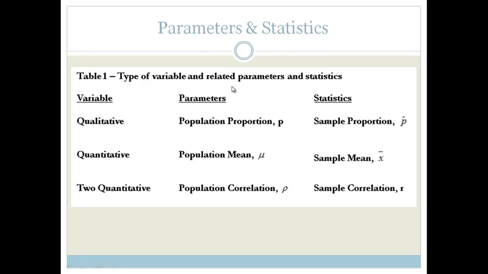We'd like to estimate them. Statistics we compute from samples in order to estimate those population parameters. So the sample proportion p hat is an estimate of p, the population proportion. X bar, the sample mean, is an estimate of the population mean mu. The sample correlation r is an estimate of the population correlation rho.